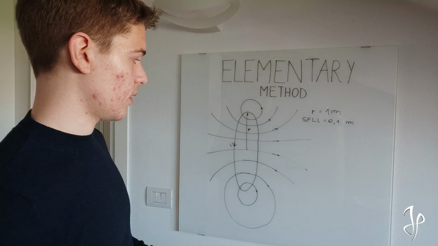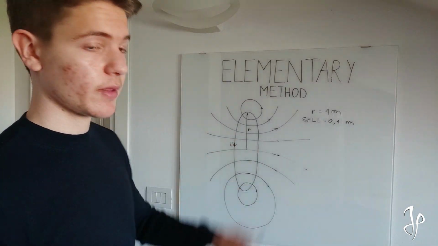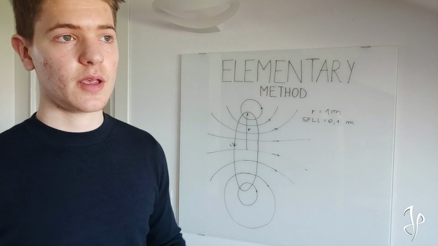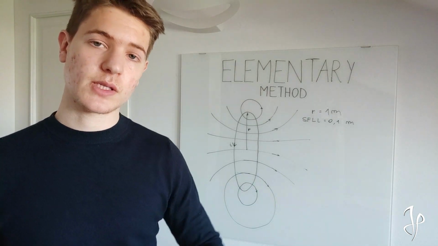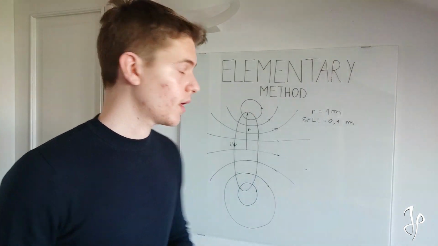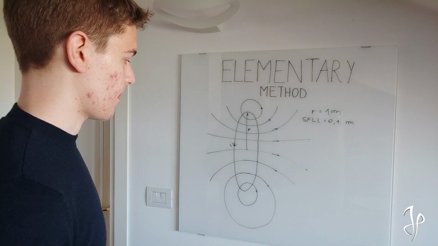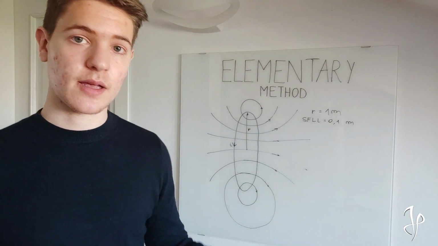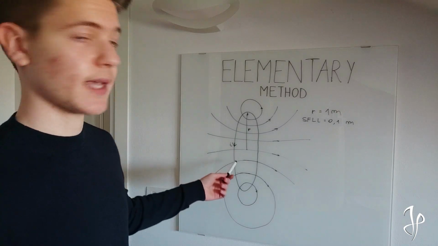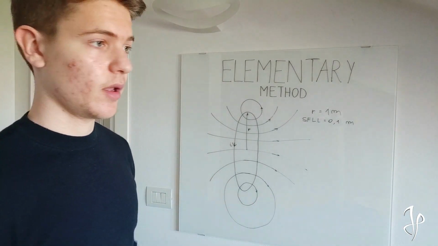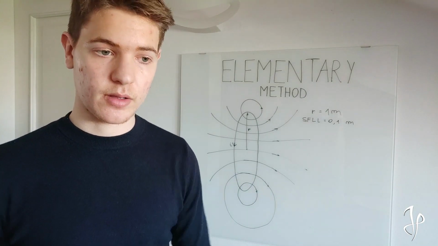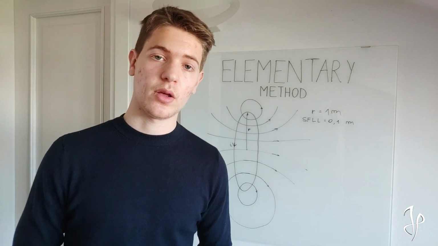Before analyzing the elementary method, I just want to tell you that in this chapter and also in the next one, I will analyze the system and the problem starting from this kind of wire, which is a loop, so a perfect circular wire.